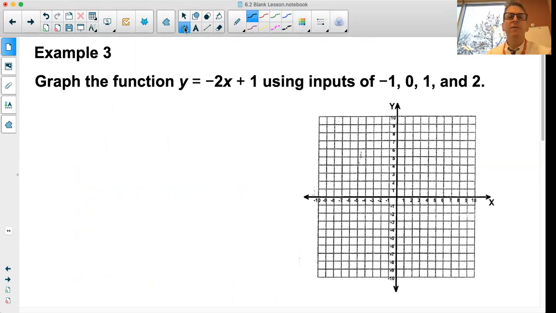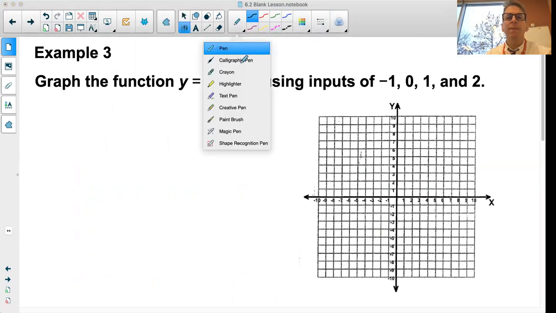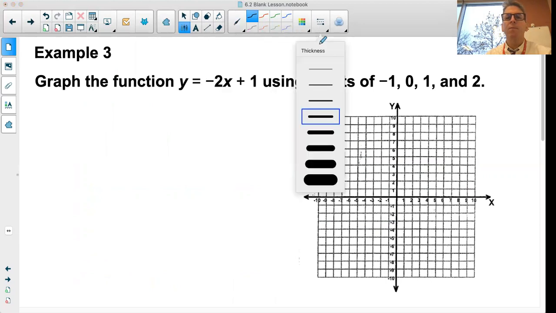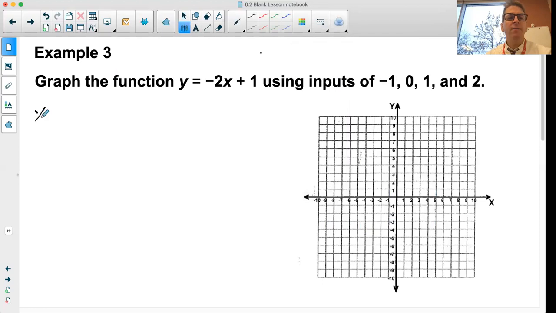All right, let's do it this way. I'm going to have an x column, and then I'll have a negative 2x plus 1 column, and then I'll have a y column, then I'll have an ordered pair x, y.